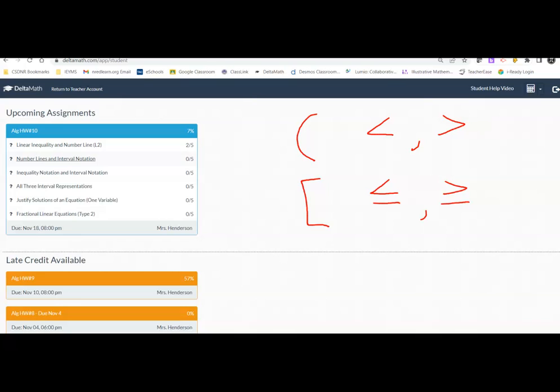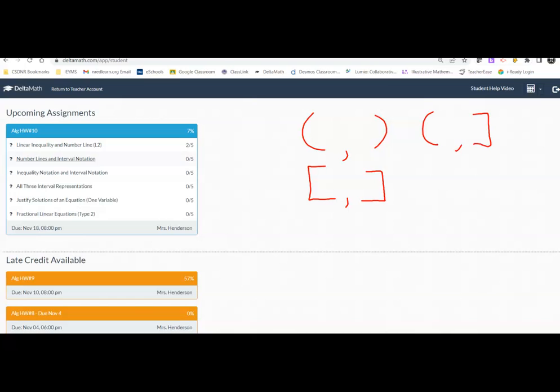Now you can have lots of different combinations. You can have 2 parentheses, you can have 2 brackets, or you can have 1 parentheses and 1 bracket, or 1 bracket and 1 parentheses. Also note that infinity is not a value, so whether you have positive or negative infinity, it always gets parentheses.